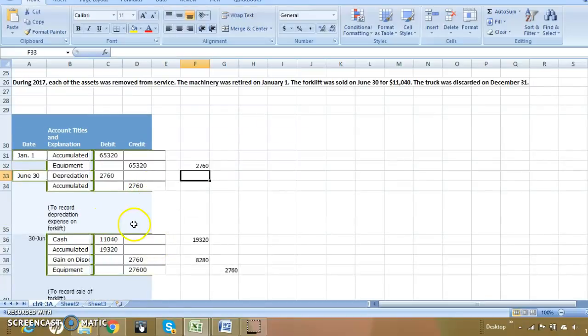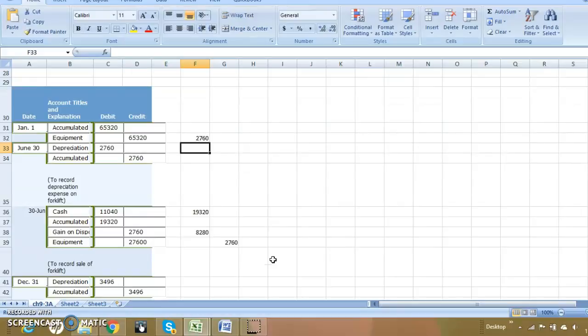Now we will record the sale of the forklift. It was sold on June 30th for $11,040, so we debit cash because the company got the cash, and calculate the total accumulated depreciation of the forklift.